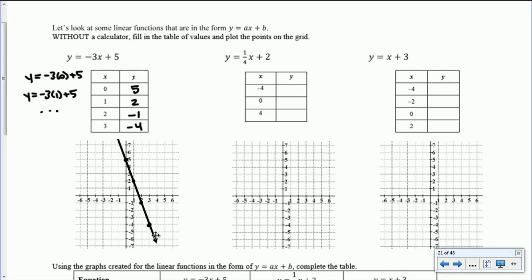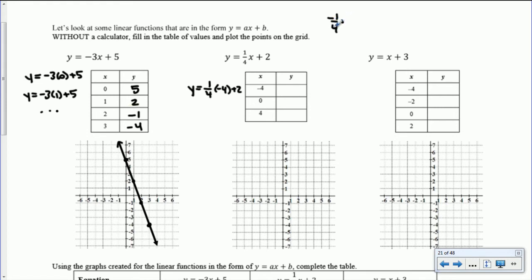And there we go, that will extend in both directions. So fill in the table values, check, plot the points on the grid, check, and I just drew a line through it as well. Okay, next one, y equals 1/4. When x is -4, you can write it out like this if you like.